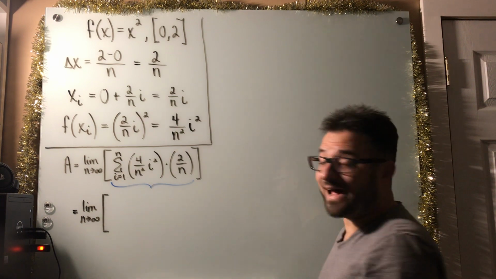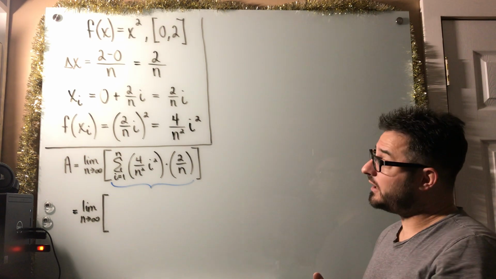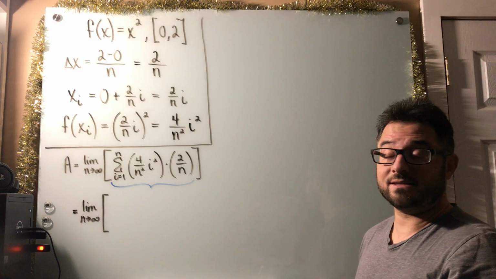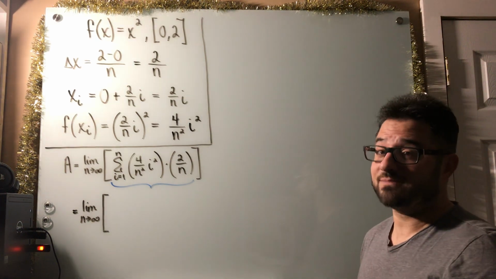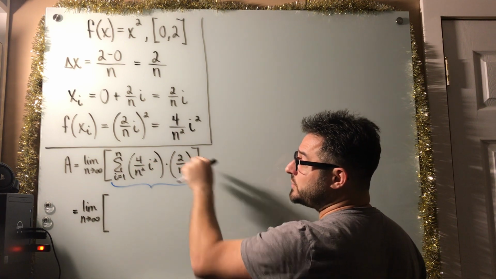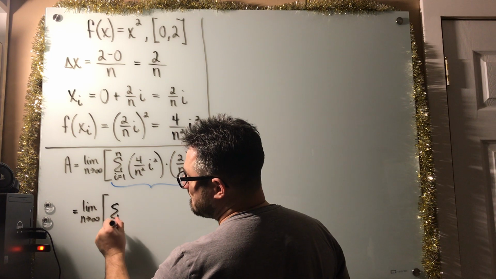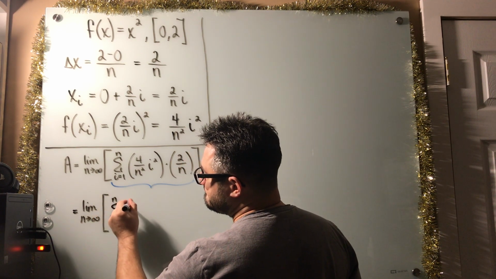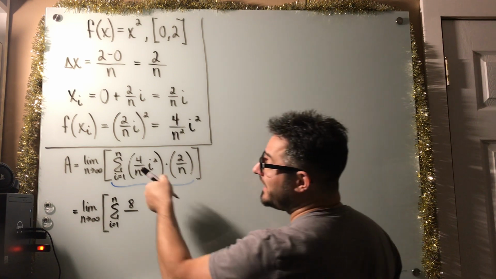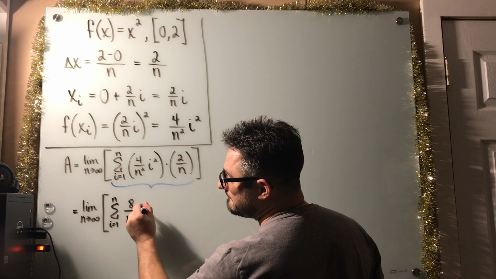In the summation, i is the variable. n is a constant, which usually we know, in this case, we're leaving it as an unspecified constant, but in terms of the summation, n is a constant, which means 4 over n squared is a constant, 2 over n is a constant, and they can be multiplied together. 4 times 2 in the top is 8, and in the bottom, n squared times a third n is n cubed.